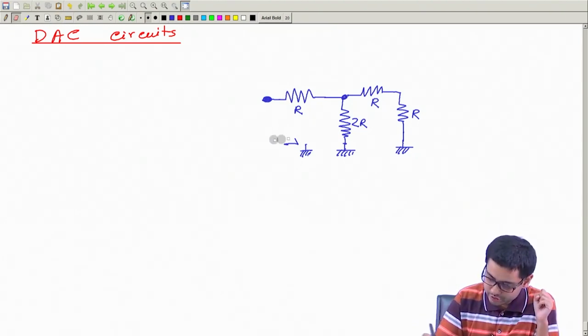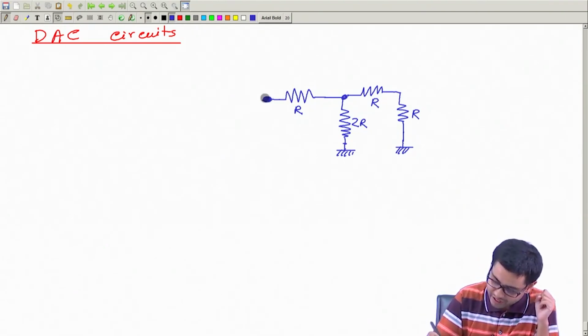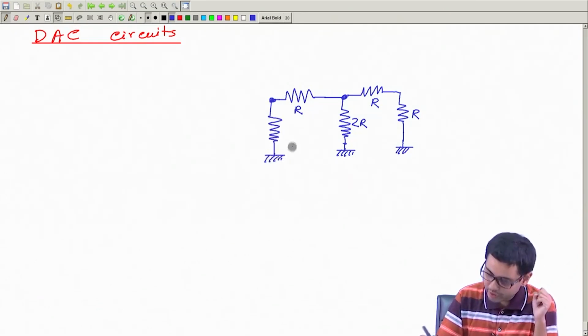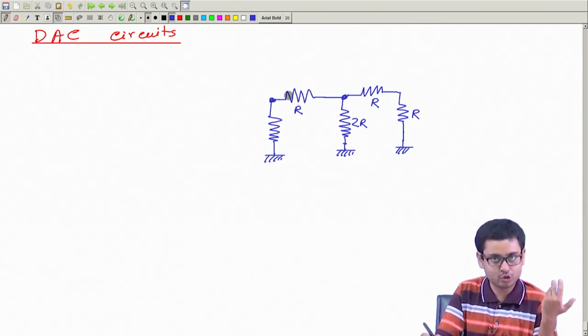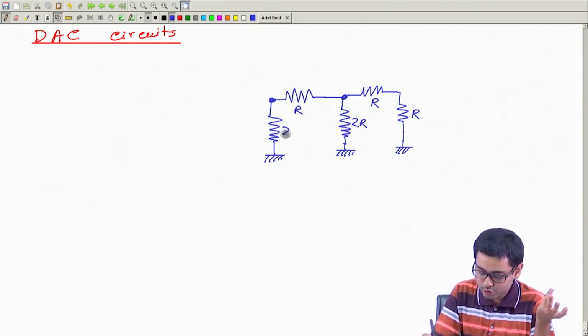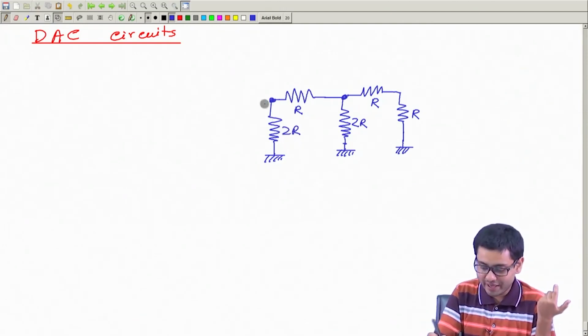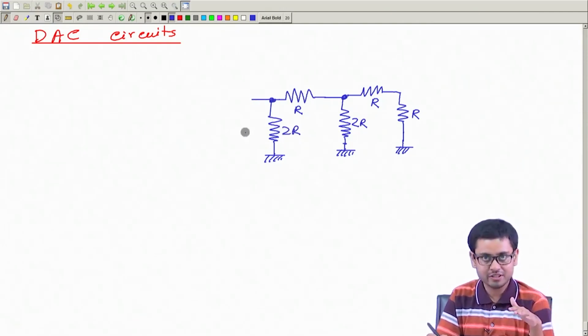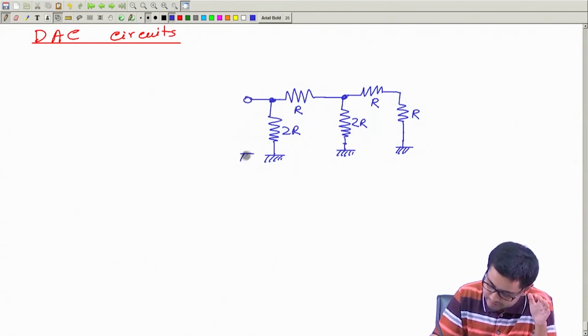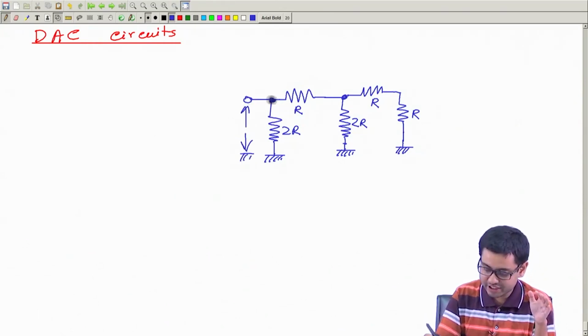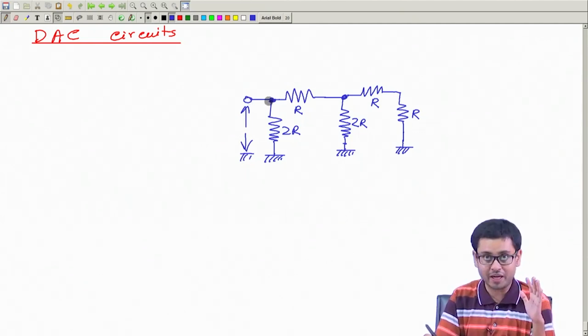Now what I will do is this. I will connect with this another 2R. So I add R in series to make it 2R, and then I add 2R in parallel to make it halved again, R. So if you see between ground and this point, total resistance is how much?